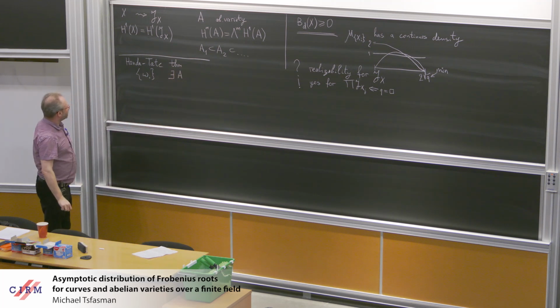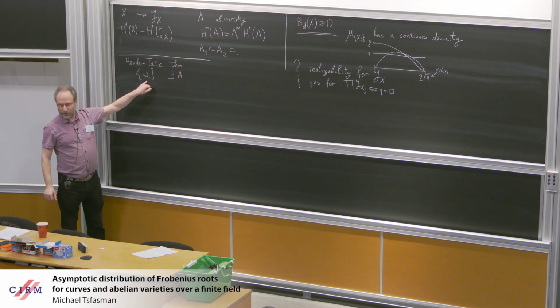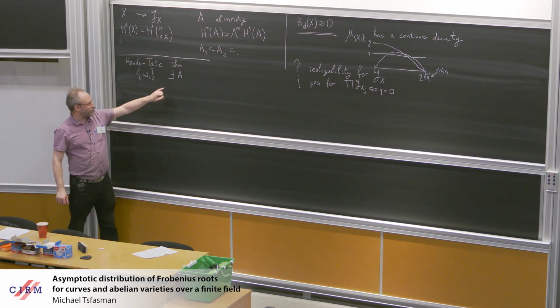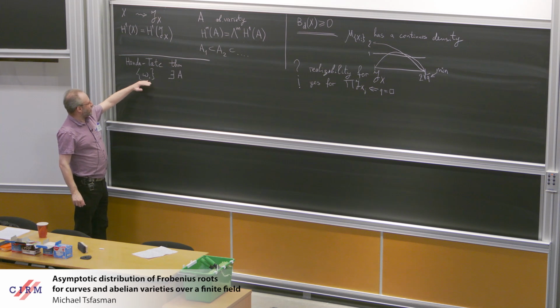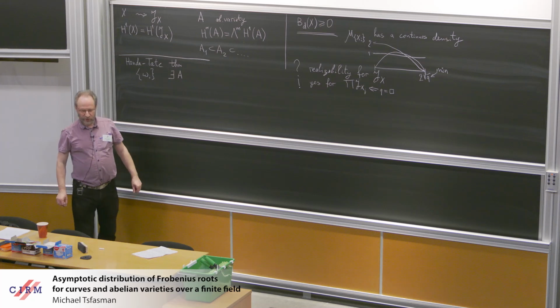And in my youth, I erroneously thought that this A has exactly these omega i's. In fact, it's not true. What is true is that there exists an A such that it has these omega i's with some multiplicity. So say you want to get an elliptic curve.